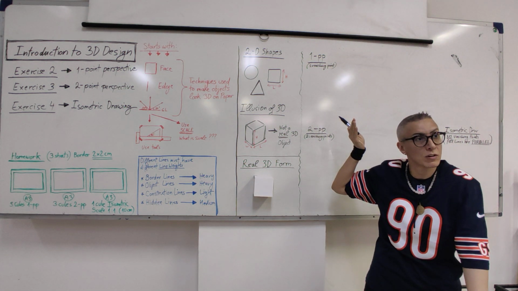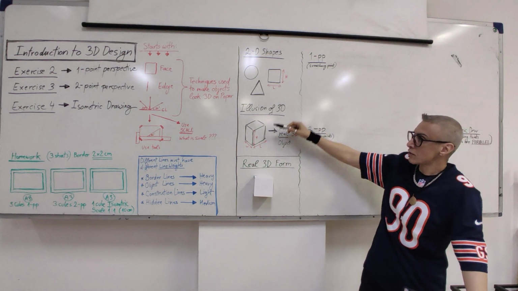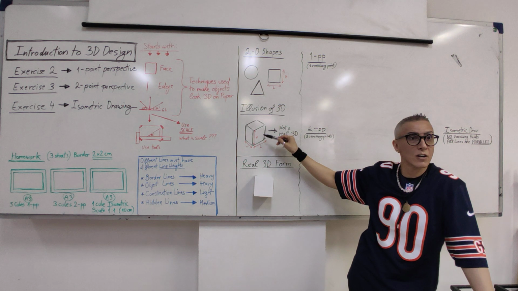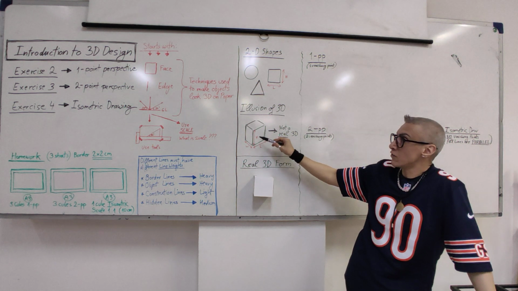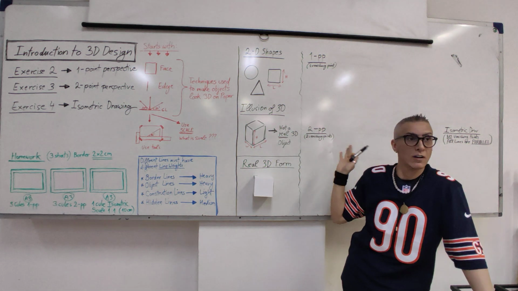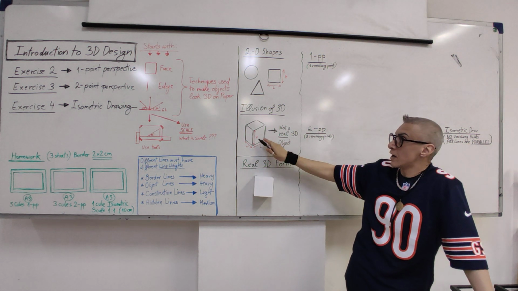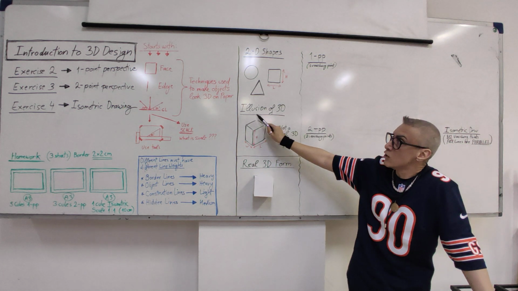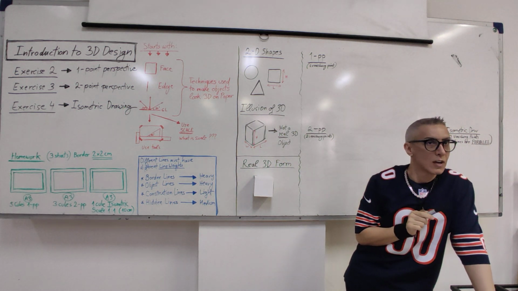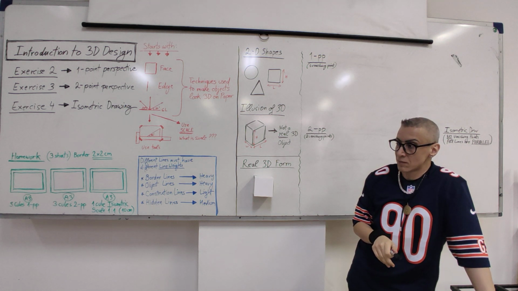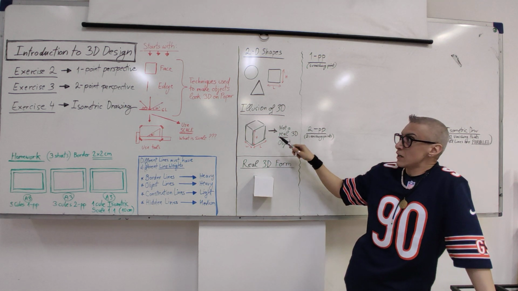Now, when we have an object such as this, what does this look like? A cube, okay? So is this 3D or 2D? Now, you might say it's 3D, but this one is not really 3D. It is an illusion of 3D. Why is it an illusion?